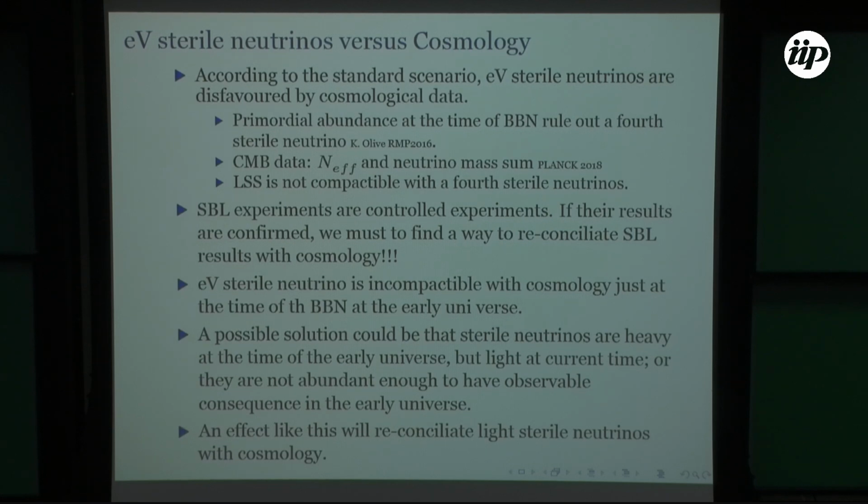Okay. So let me discuss eV sterile neutrino versus cosmology. Great problem here because eV sterile neutrino is a new degree of freedom, a relativistic degree of freedom, and this is not compatible with the current measurement of the effective number of relativistic degrees of freedom, cosmic microwave background, and large scale structure.